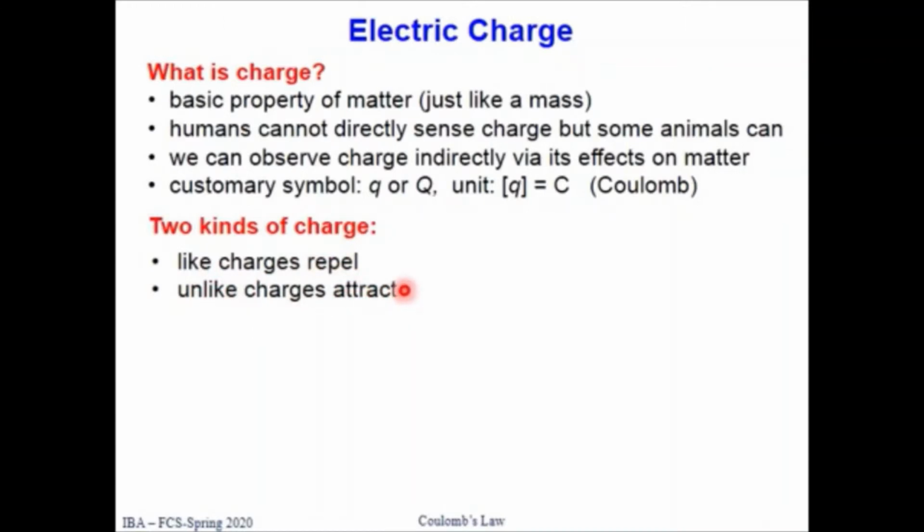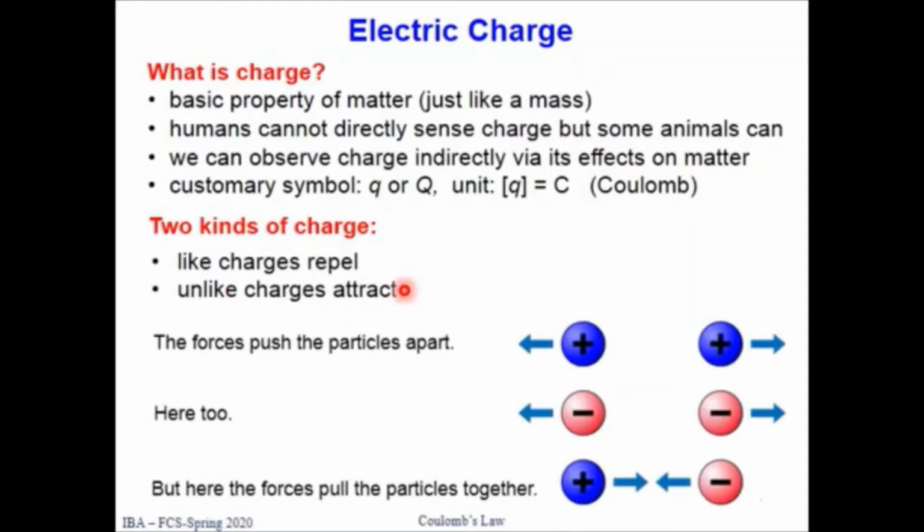And this interaction can be more clearly understood by the following picture. If two charged particles, either positive or negative, are brought near each other, they each exert an electrostatic force on the other.